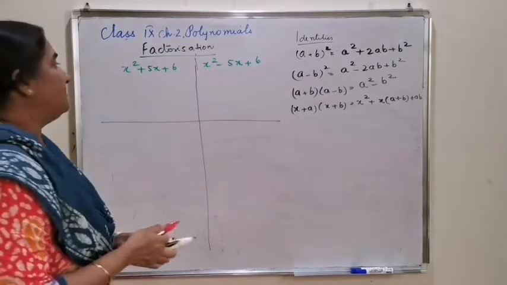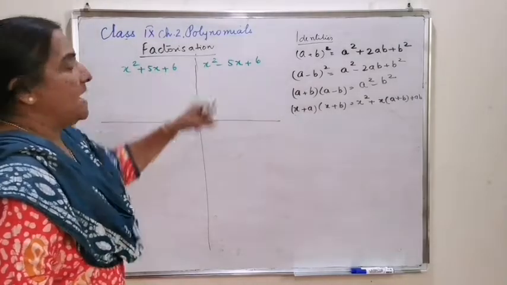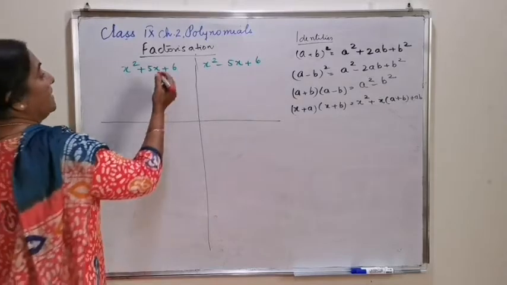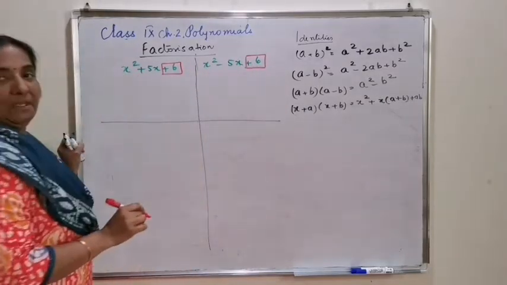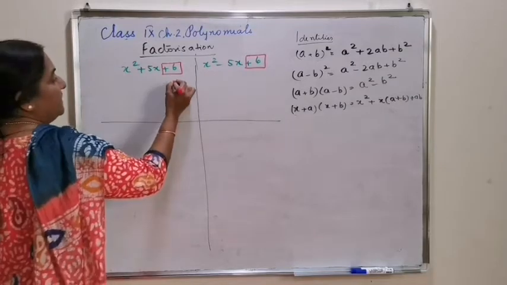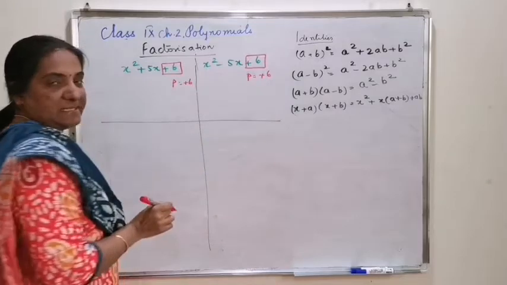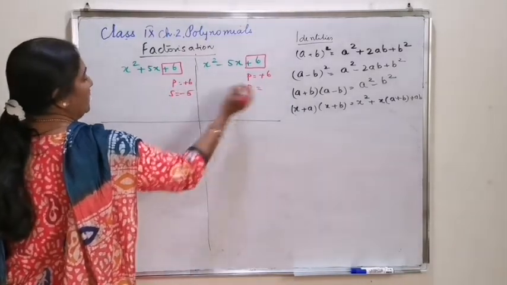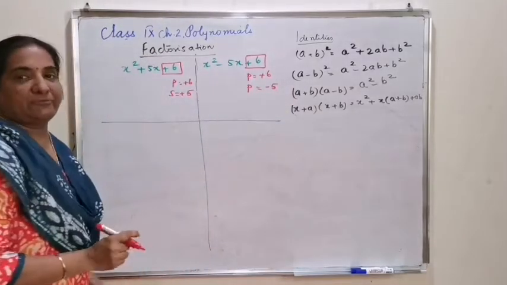These are quadratic polynomials. When you take the product in both these polynomials, the product value is plus 6, and the sum is plus 5 and minus 5 respectively.